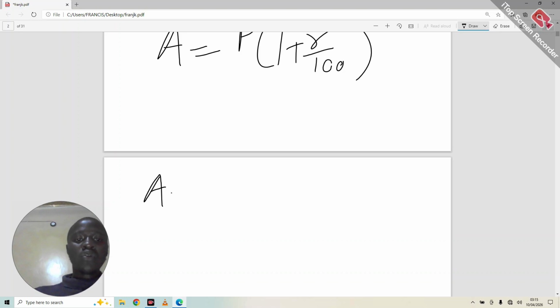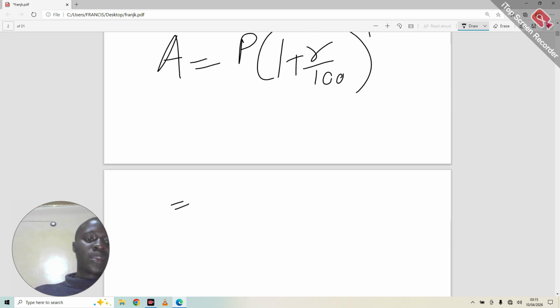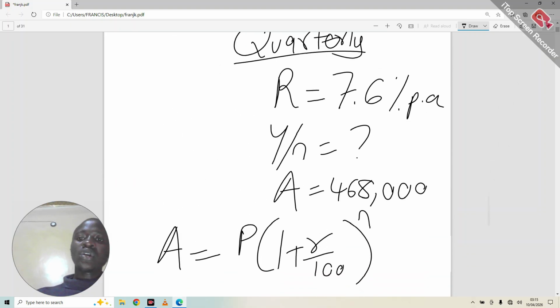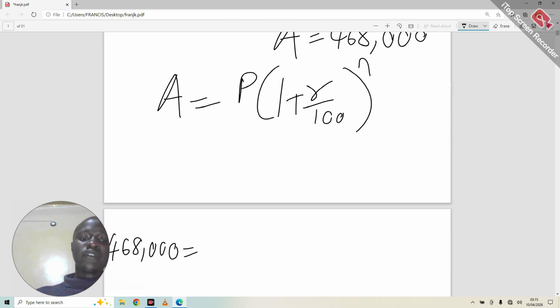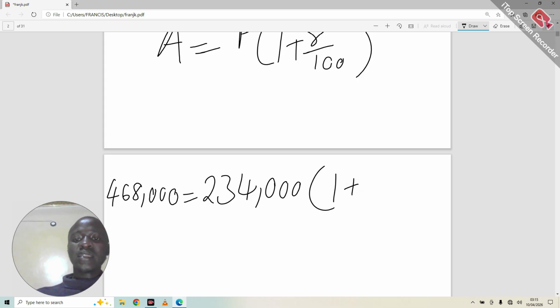So instead of having amounts, let's have the real figures. 468,000 equals our principal, which was 234,000, into bracket 1 plus rate.